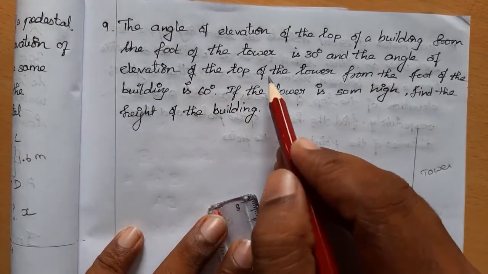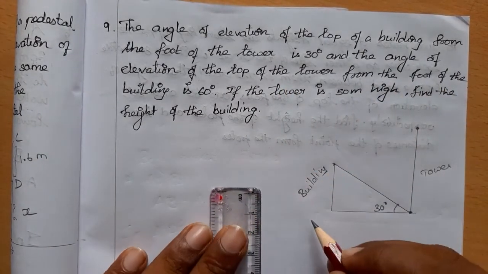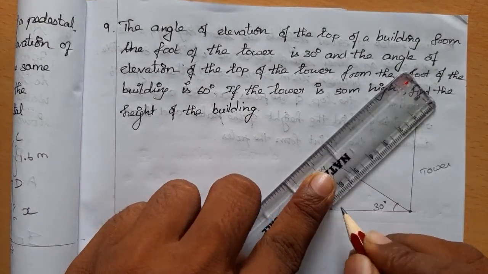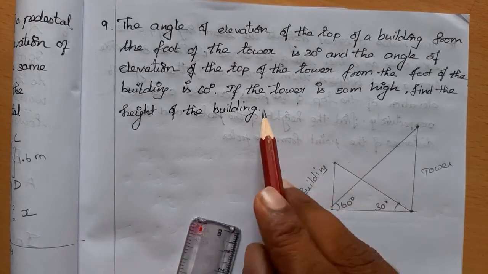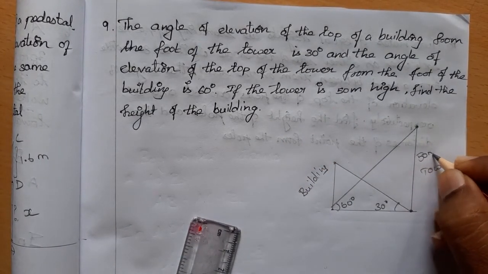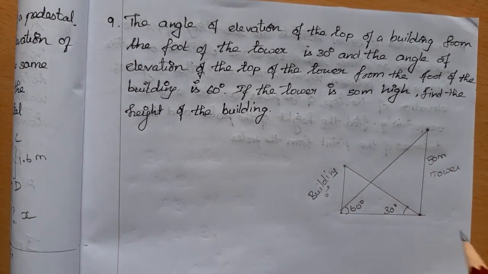And the angle of elevation of the top of the tower, from the foot of the building, is 60 degrees. If the tower is 50 meter high, find the height of the building. So we have to find this height.